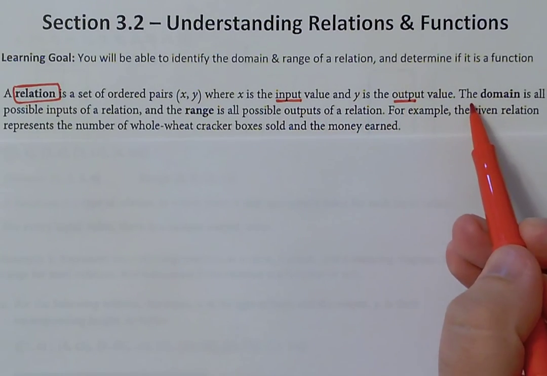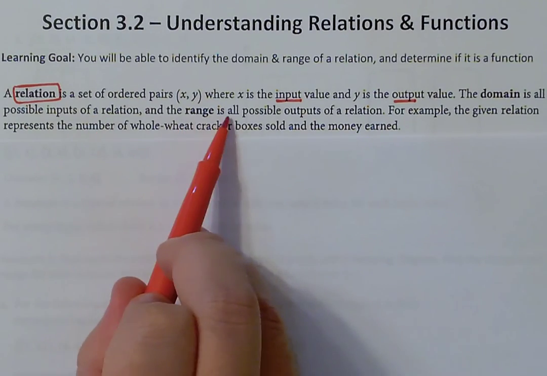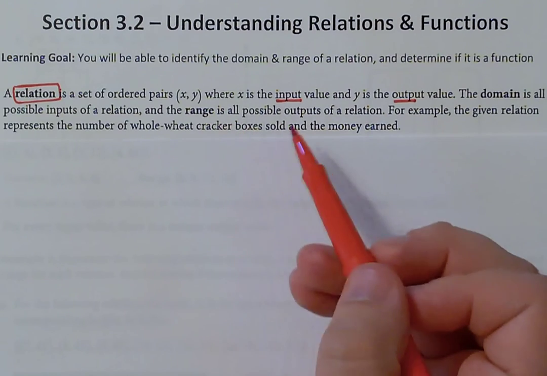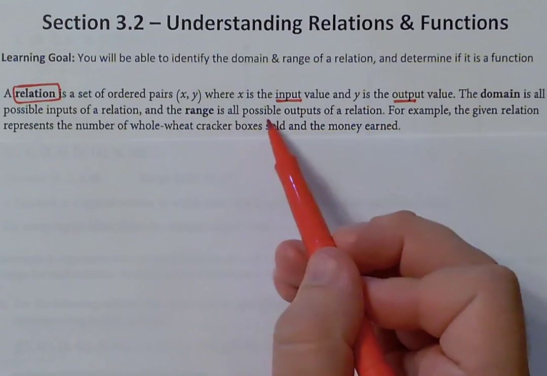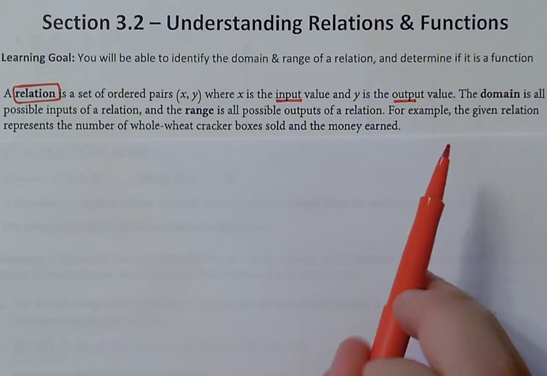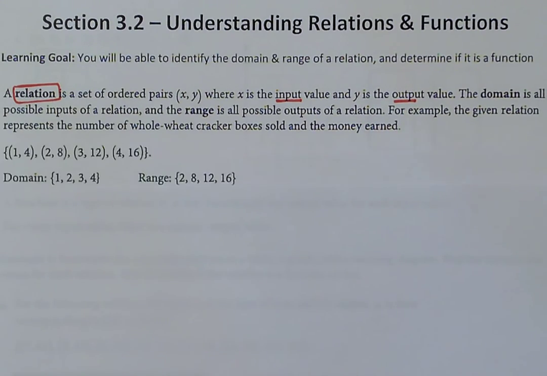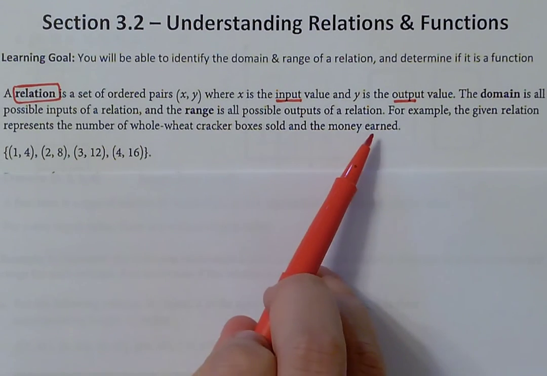The domain is all the possible inputs of the relation, and the range is all the possible outputs. Okay, so domain is the inputs, or the x values, and the range is all the outputs, or the y values. For example, the given relation represents the number of whole wheat cracker boxes sold and the money earned.